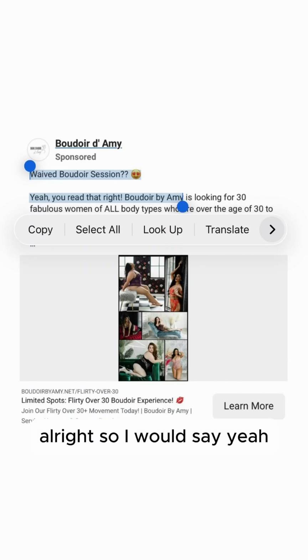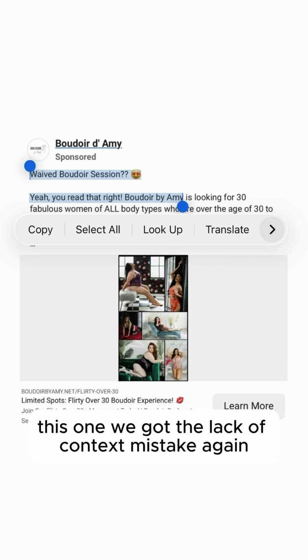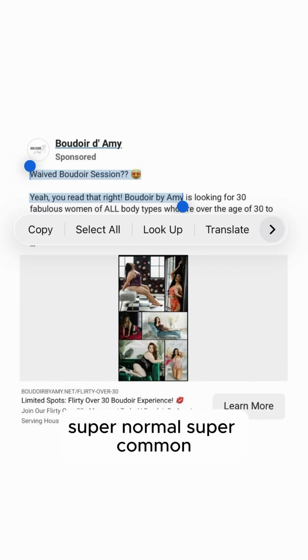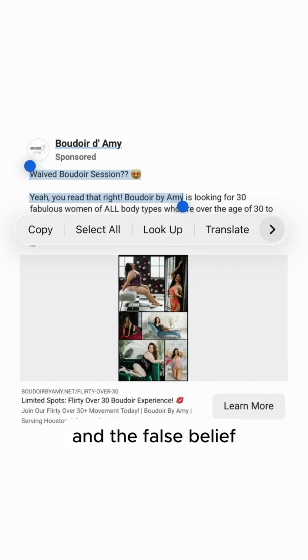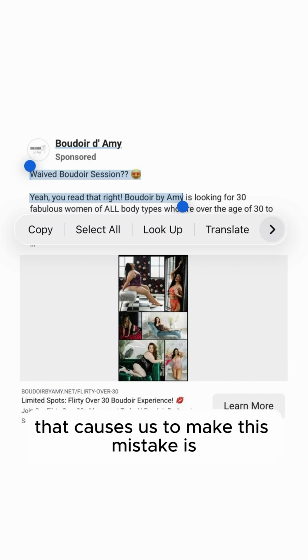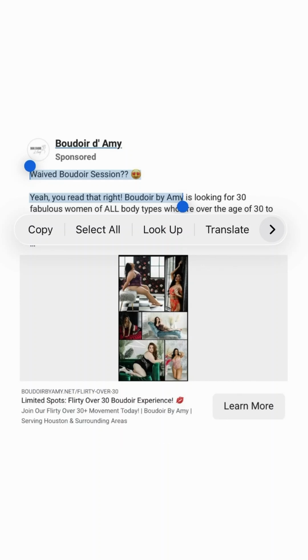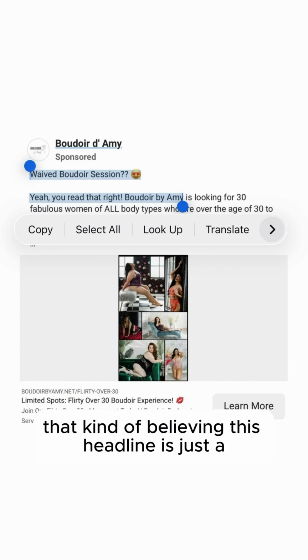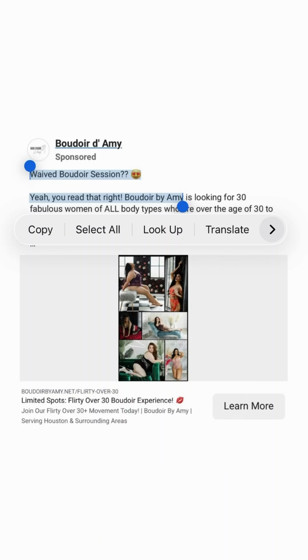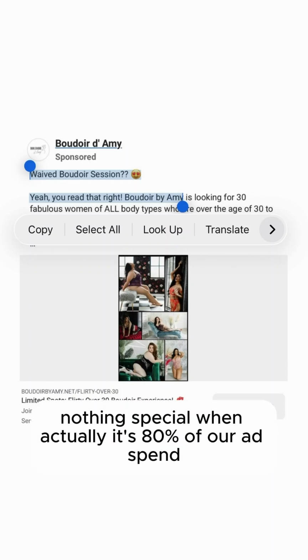All right, so I would say, yeah, this one we got the lack of context mistake. Again, super normal, super common. And the false belief that causes us to make this mistake is that we believe this headline is nothing special when actually it's 80% of our ad spend.